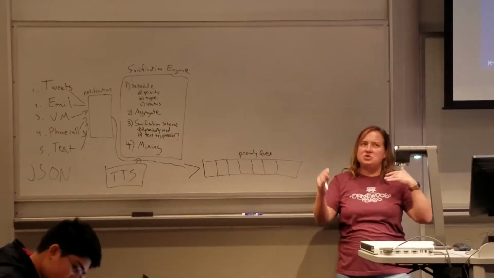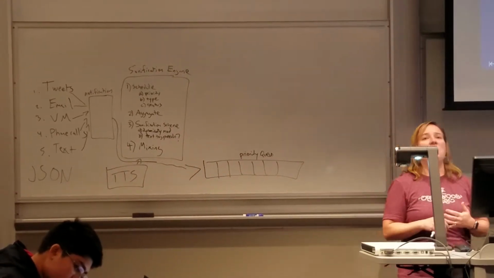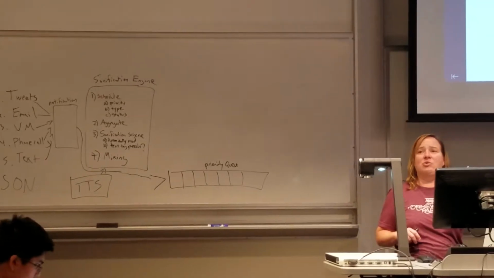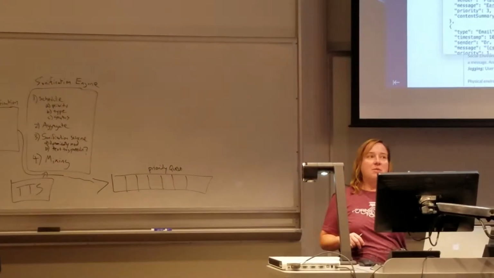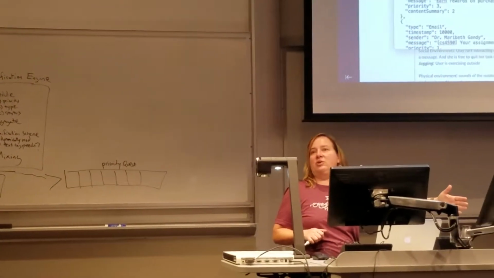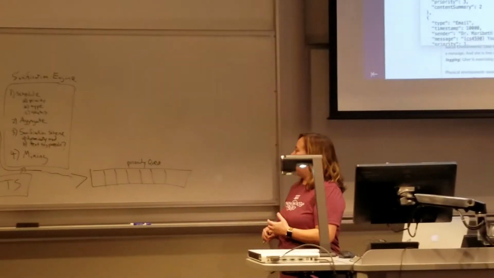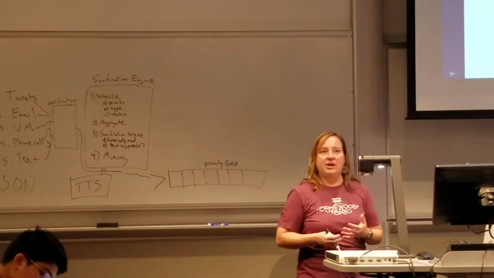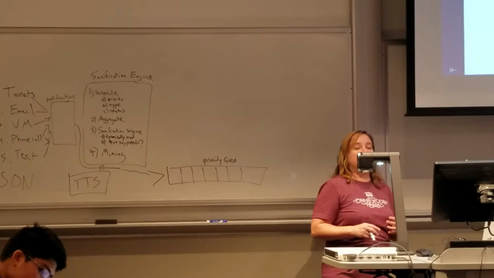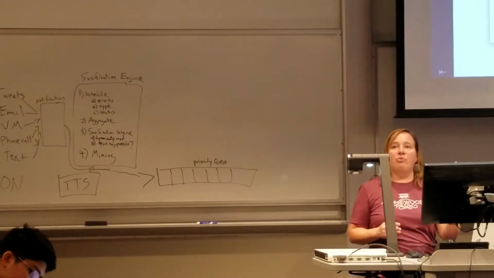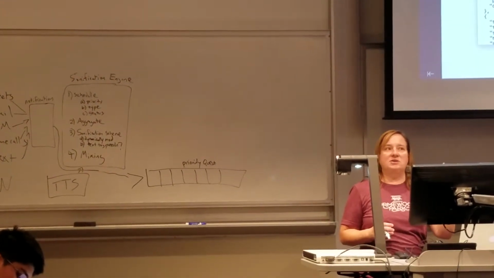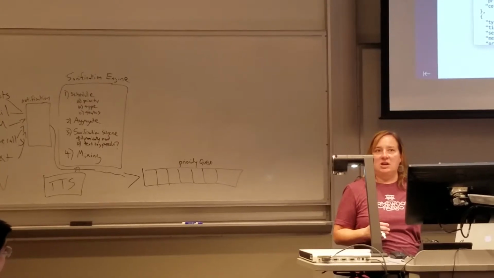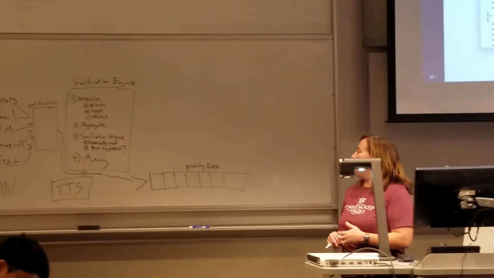But once you get into this, you start to realize this is getting complicated. Because what if it's time to play the aggregate low priority tweet stuff, but oh my goodness, it's already in the middle of playing a really high priority thing, right? So you want to make sure that everything does get played eventually. But you certainly don't want low priority or high priority things languishing for a really long time without being played.